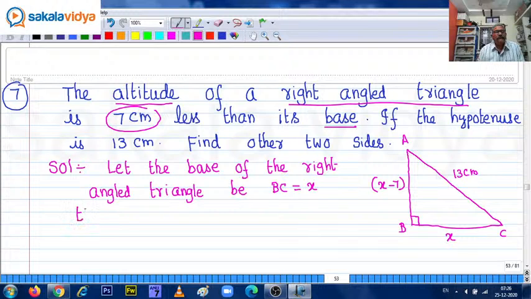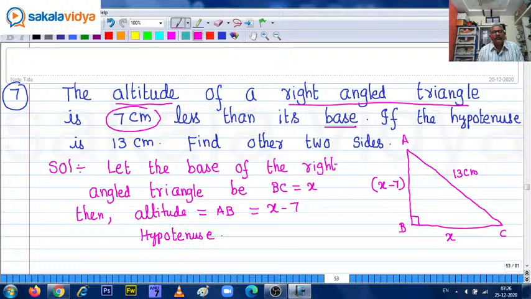Then altitude, which is AB, equals x minus 7. Hypotenuse is given, that is AC according to the figure, 13 centimeters given.